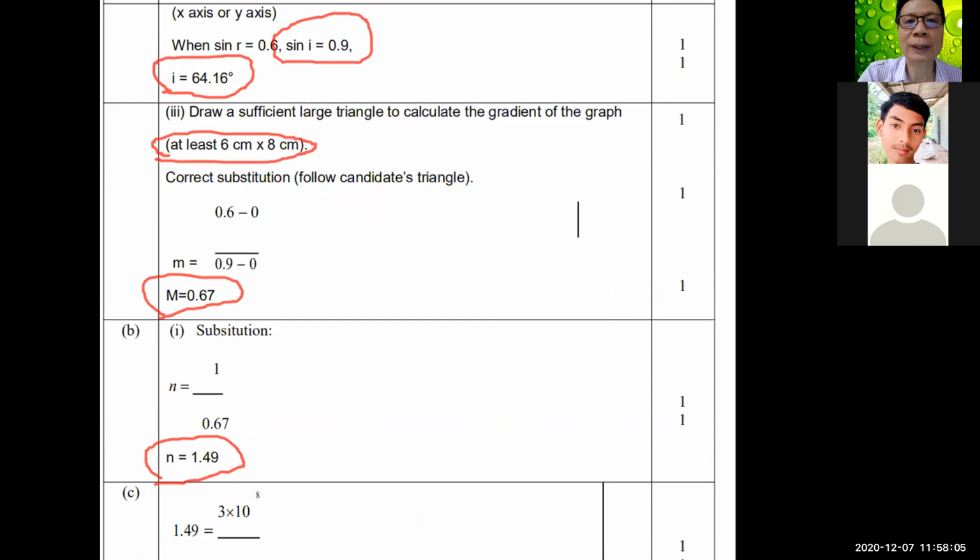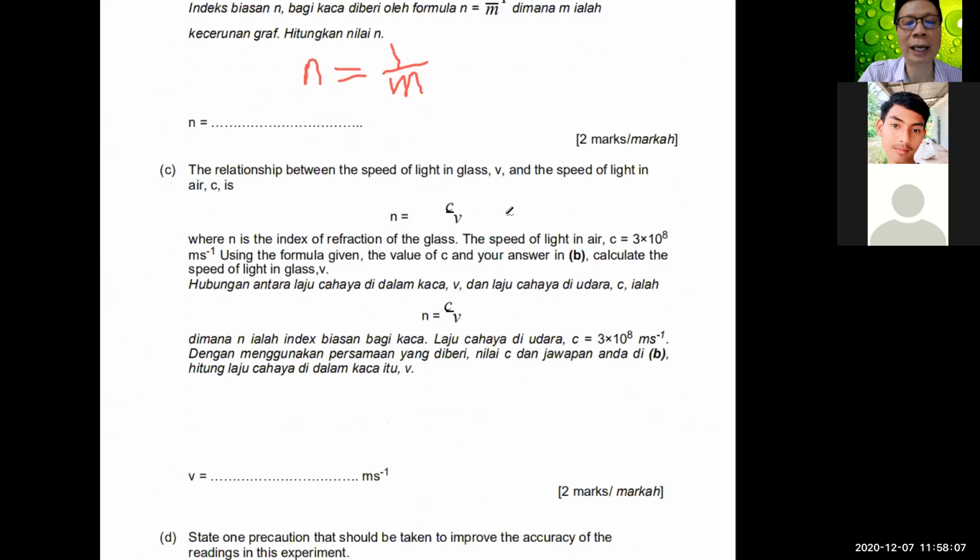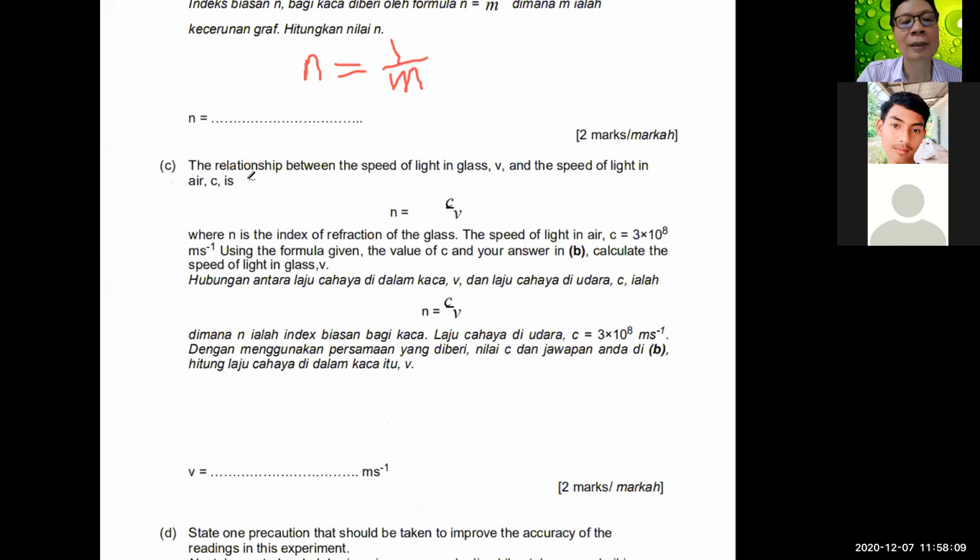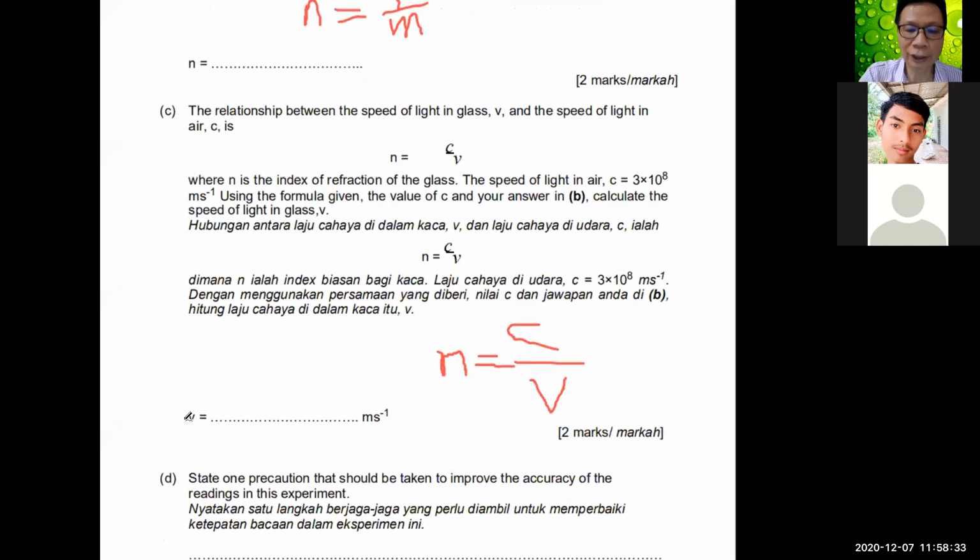And the last question, also calculation. They ask you to find the relationship between the speed of light and the speed of light in the medium. n equal to c over v. Do you remember this formula? Speed of light in the vacuum divided by speed of light in the medium, v. So you are asked to find the v.